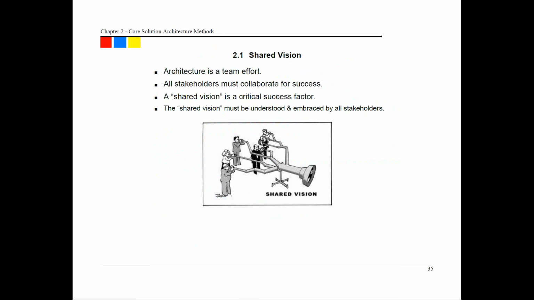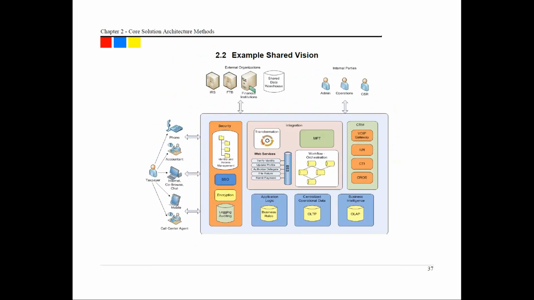In order to have a team effort where we are collectively creating something, we have to have a shared vision of what that is. In order to discuss the potential thing that we're creating, we have to be able to convey an idea of something that does not yet exist. So the shared vision is a critical success factor.